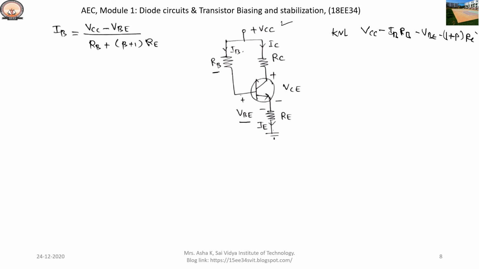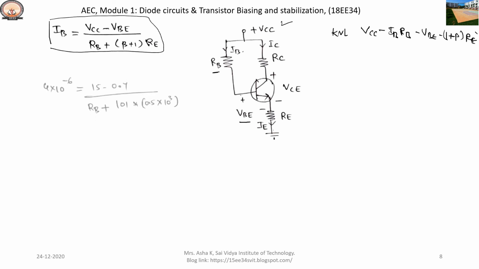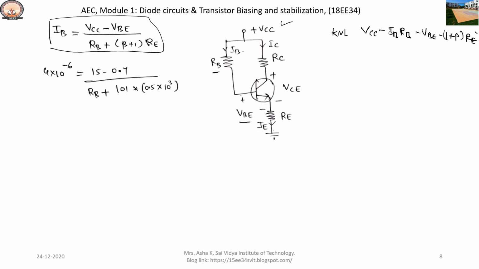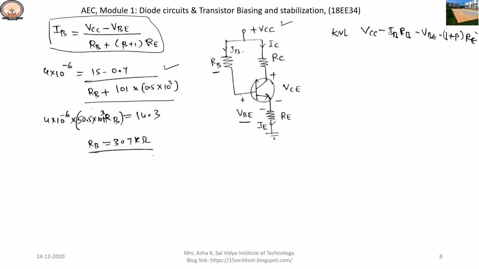After simplifying, we get an equation for the IB current. Since we already know the value of IB, we calculate the RB resistance with the help of this equation. The value of RB that we get here is 307.4 kilo ohm.